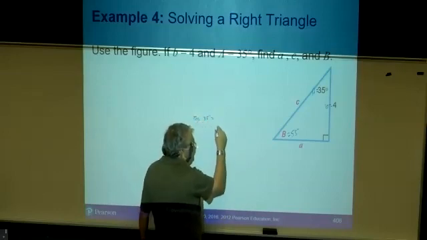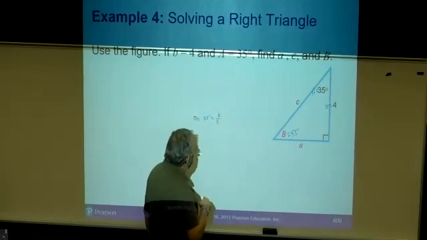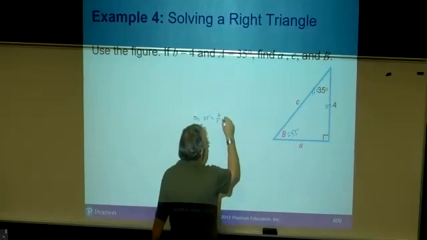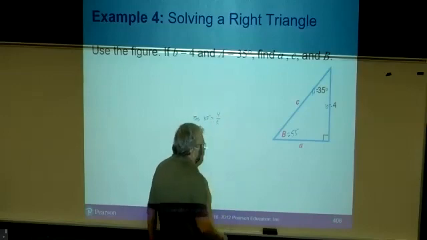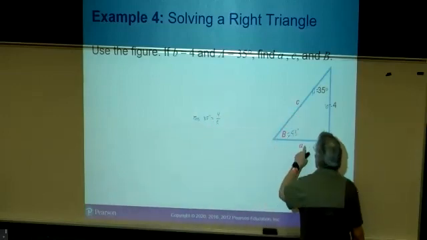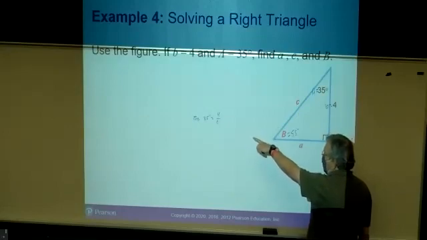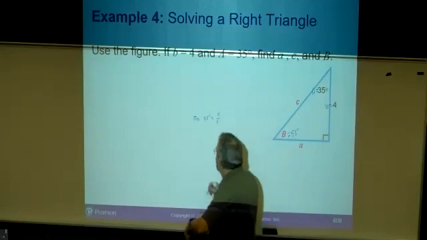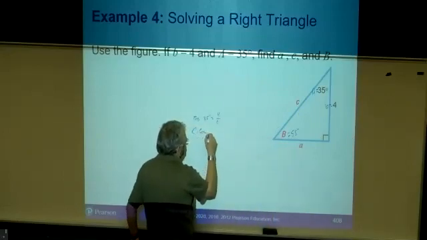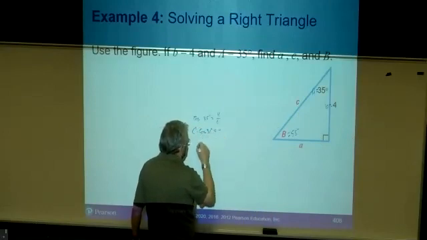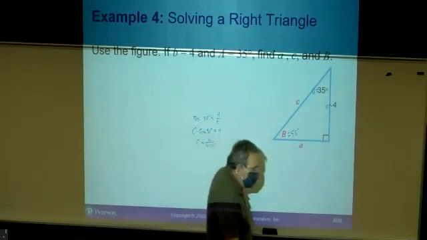Cosine of 35 equals B over C. And B is 4, so that's going to be 4 over C. Because now I want to find these two sides. I found the missing angle real easy. Now I need to find these two sides. Well, then that's just solving that equation for C. So I get C times the cosine of 35 degrees equals 4, or C equals 4 divided by the cosine of 35 degrees. And that's a calculator problem.